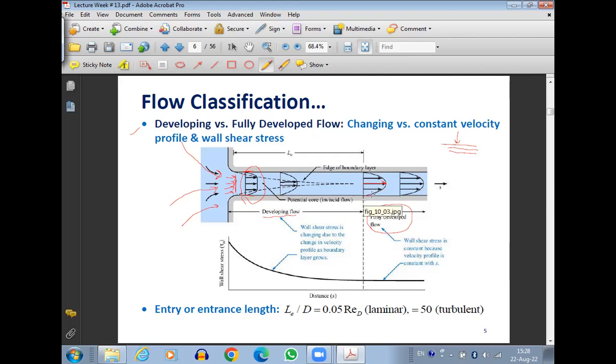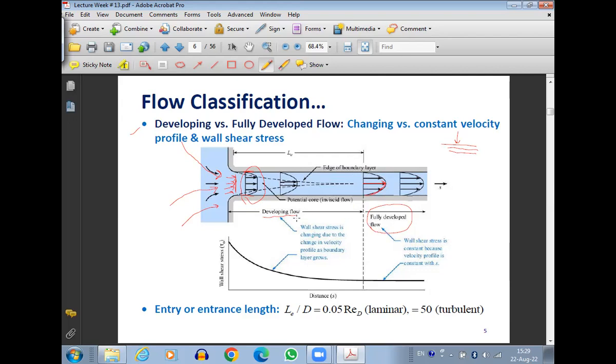You won't have a region where two adjacent layers have the same velocity. Between any two adjacent layers there is a velocity variation, and once you have a situation like this developed, it is known as fully developed flow.